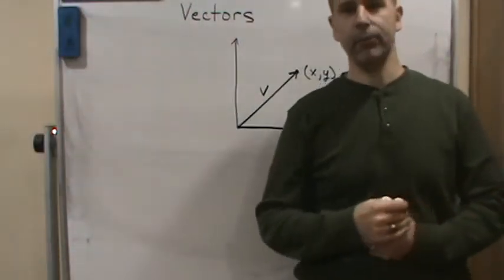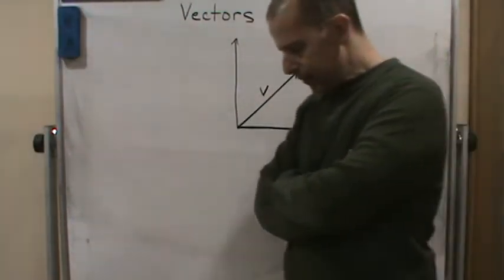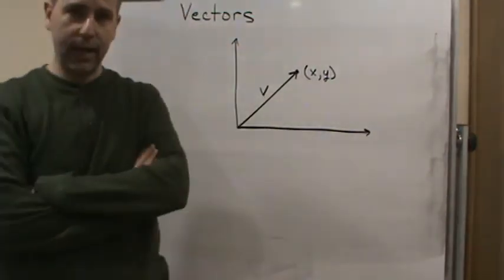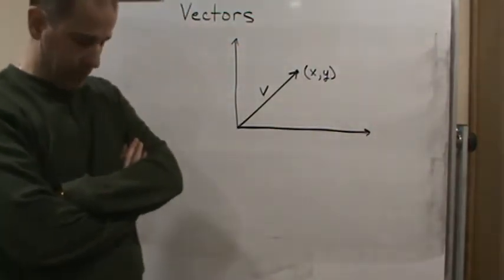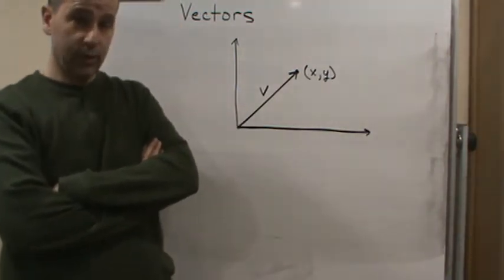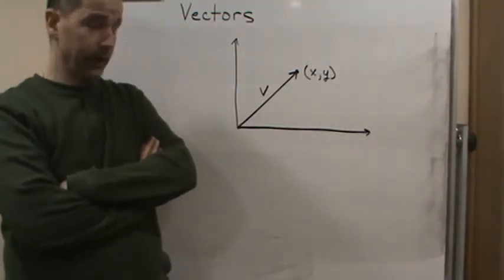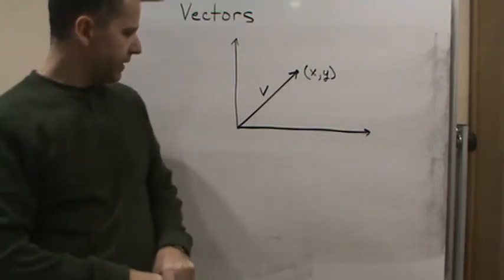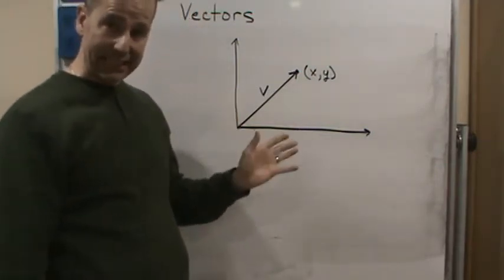Okay, so welcome back. Now let's talk about another way we could represent component vectors, especially when it comes to direction, using the direction of the vector. So let's use this as an example.